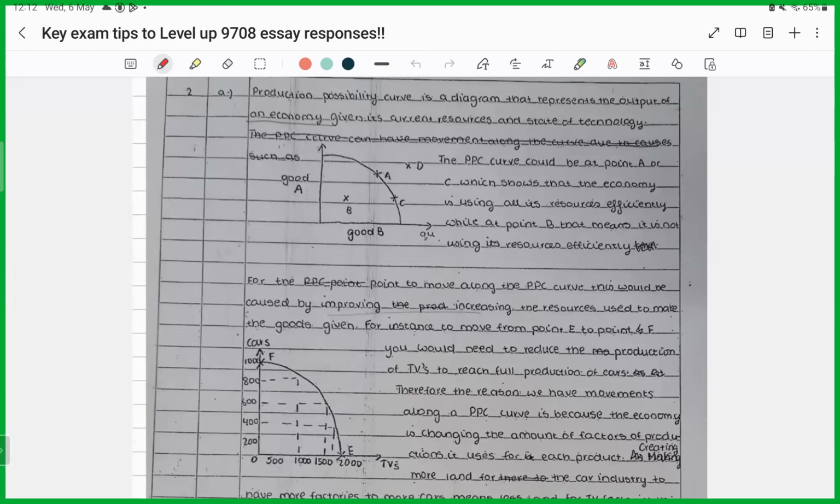And it shows how much of a product must be given up in order to produce more of the other. We could have written this as well.